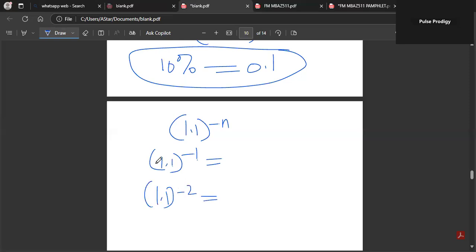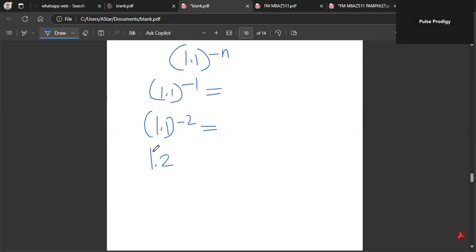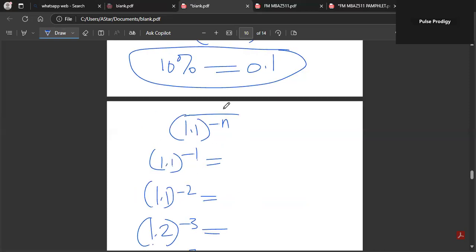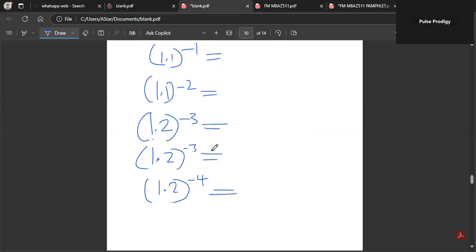You can get the financial tables that they'll give you at the end of the question paper. You can use these to get the present values.